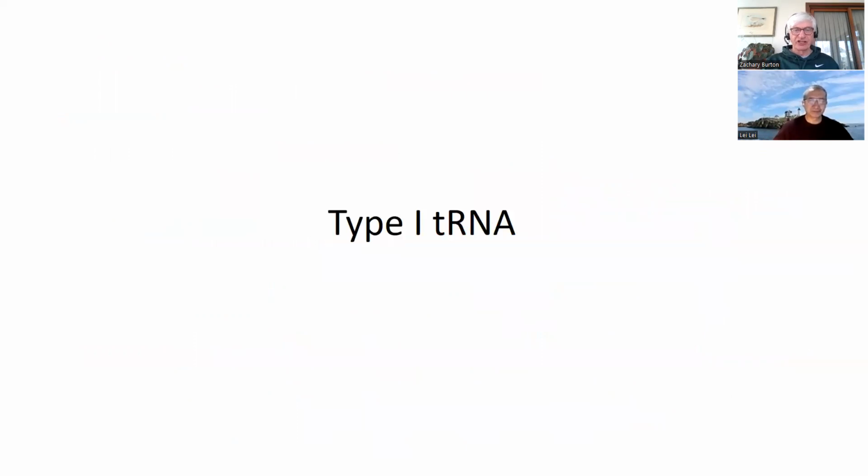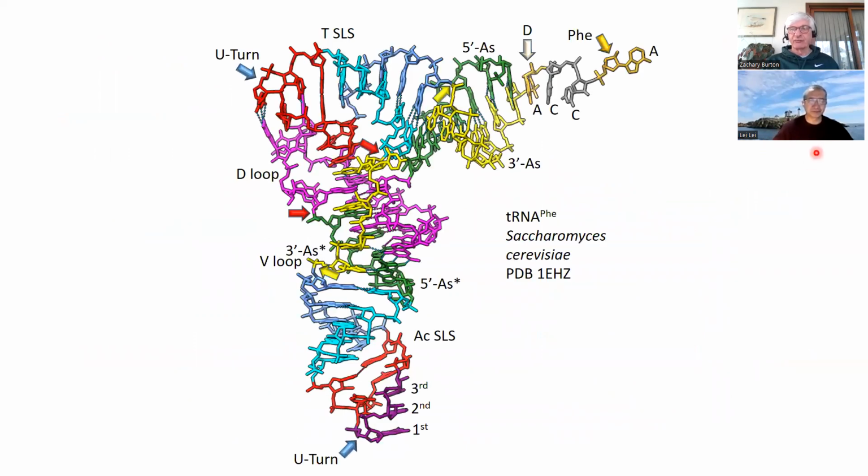So type 1 tRNA, that's a type 1 tRNA. Okay, so this is a type 1 tRNA. You can tell that because it has this short yellow segment here. That's the variable loop, and that's 5 nucleotides.